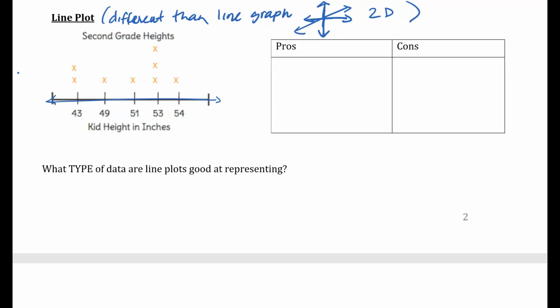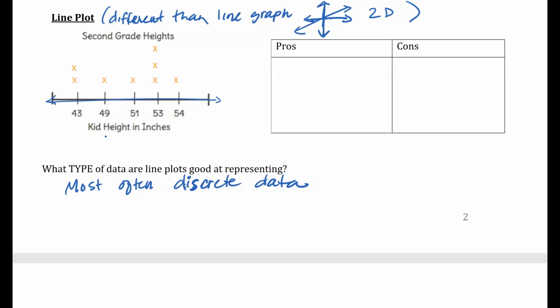But what type of data are these good at representing? I would say most often discrete data. So we can see here kid height in inches. It's funny because I keep coming back to this height example. Height technically is a continuous variable, but it depends.